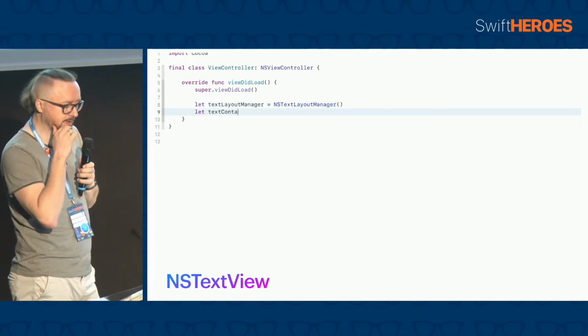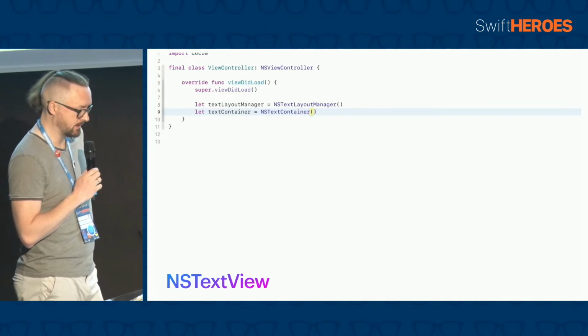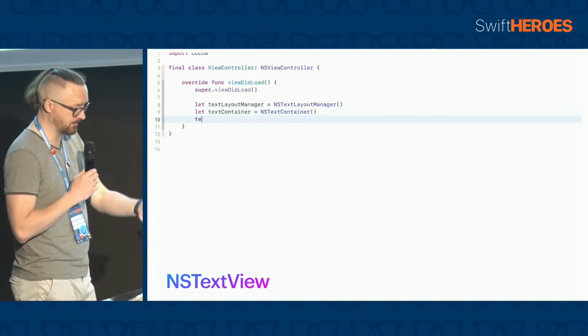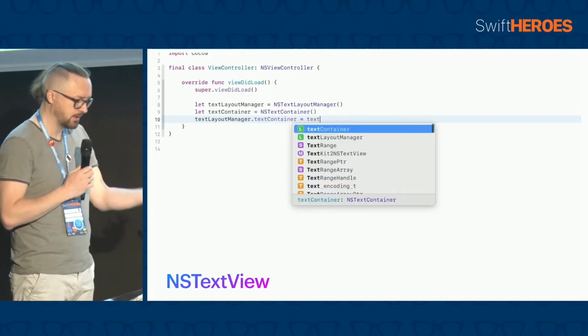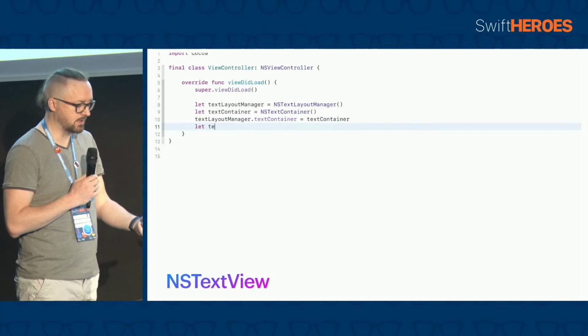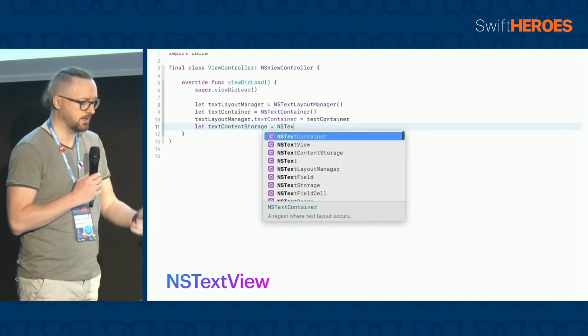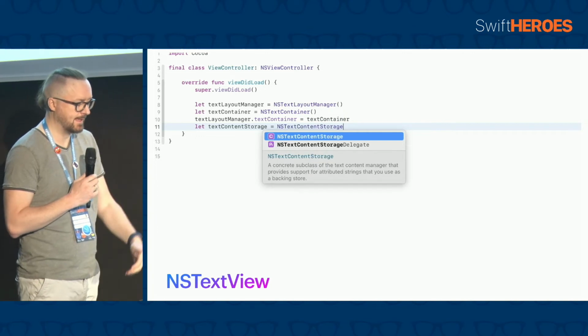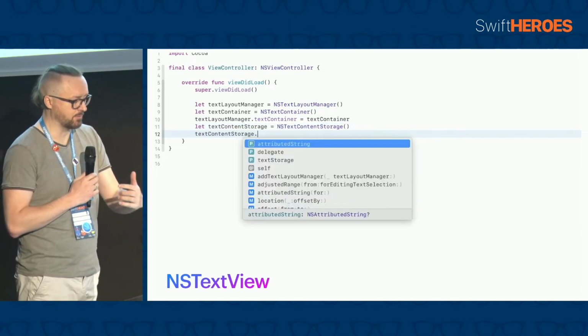This is how we set up the TextKit 2 code. So first, text layout manager, container. Add the container to the content storage, which is the data source, and add the text layout manager to the storage.